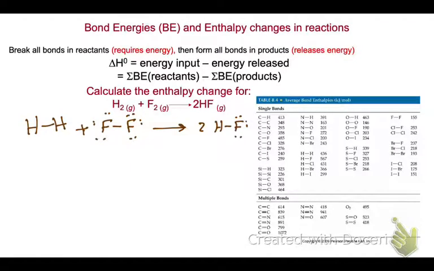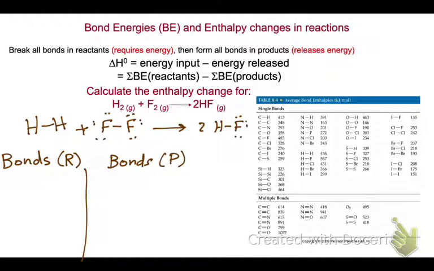Now what I do, I make 2 columns. Here I'm going to say bonds of reactants, and here bonds of products. What bond of a reactant do I have? I have 1 hydrogen single bond.